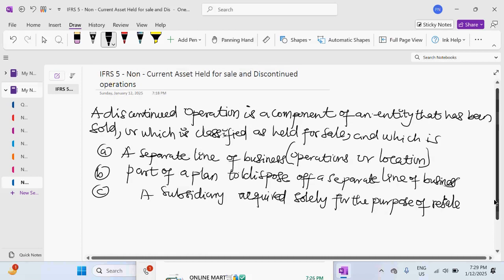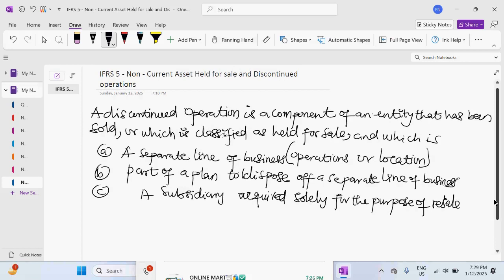So any component of the entity that has been sold or which is classified as held for sale and which is a separate line of business, that is the operation. In terms of operations, maybe we have the marketing division, the accounting division, or in a manufacturing firm, where we package the product and where they manufacture the actual product. So a portion can be discontinued.